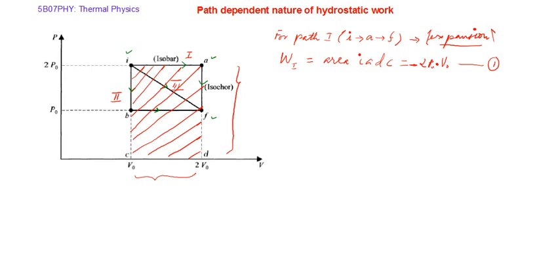Now let us see what is the work done if the system is moving through path number 2. For path 2, let me specify the path: it is from I to B, then B to F. B is an intermediate state.